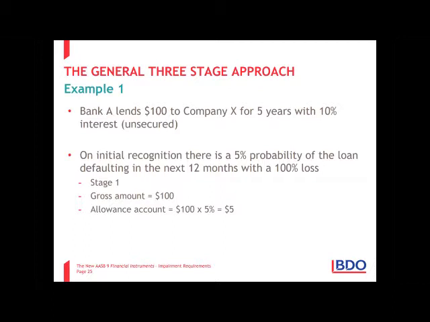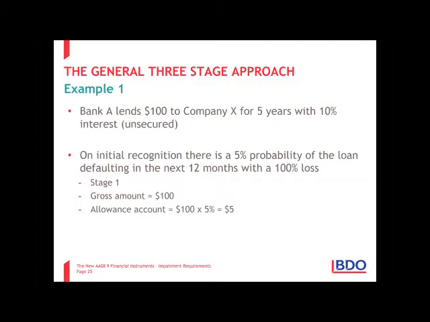So example 1, think with me. Bank A lends $100 to Company X for 5 years with 10% interest, and it's unsecured. Now, on initial recognition, we have to look at the 12-month expected credit losses. So on initial recognition, there's a 5% probability of the loan defaulting in the next 12 months.